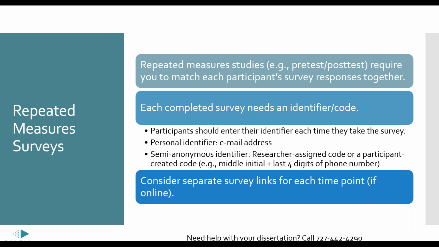So in situations like these, you'll be required to match each of the participants' survey responses together. And in order to do this, each completed survey will need some kind of identifier or code attached to it that lets you know who the participant was that answered that survey, so that you can match the responses together.